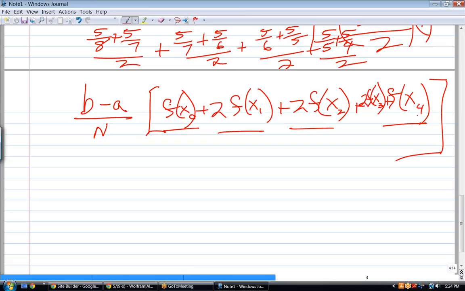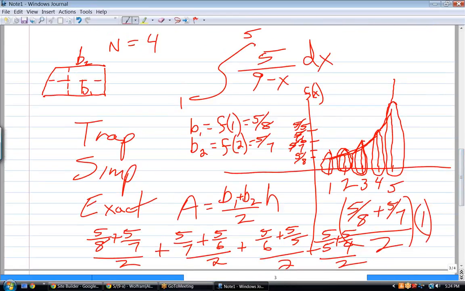There are 5 bases. F of x sub 0, this is base 1. F of x sub 1 was base 2. F of x sub 3 was base 3, that was base 4, and this was base 5. And notice that there are indeed 5 bases: 1, 2, 3, 4, 5 bases.